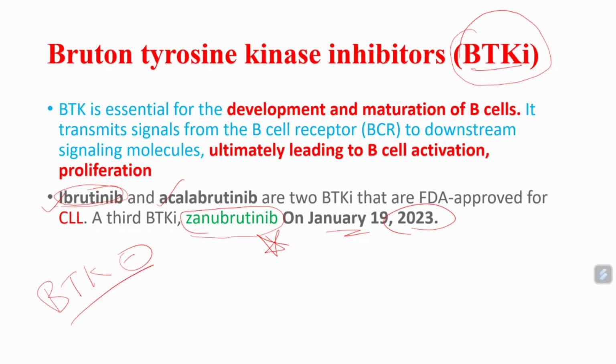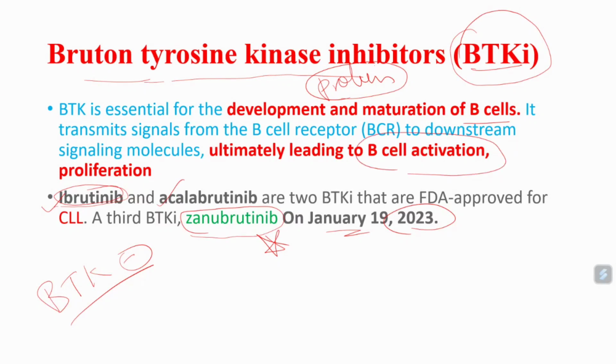Now, first of all, we need to understand what Bruton tyrosine kinase is. It is a very important protein, important in maturing the B cells, leading to B cell activation and proliferation.